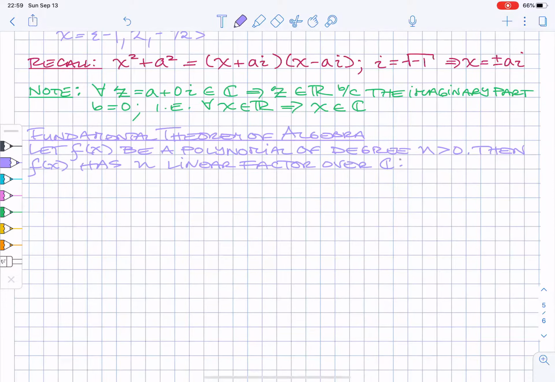That is, i.e., f of x can be written as x minus c1 times the quantity x minus c2 ... times the quantity x minus cn, such that the ci's are complex numbers for all subscripts i.